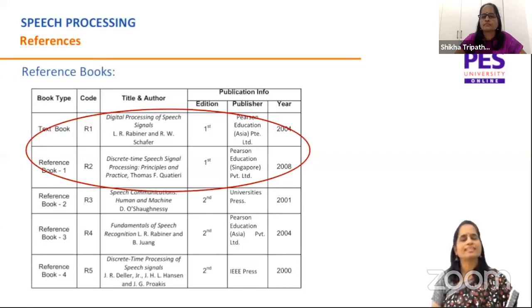So these are all celebrated authors in the area of signal processing. And the second textbook by Kathari is again a very good reference book in speech processing, which you will find very useful to understand certain things a little more deeply, or maybe certain topics are more easily explained in the second book than the first book, but your entire syllabus is drawn from the first textbook, and the flow of the topics is directly taken from Rabiner and Schafer.